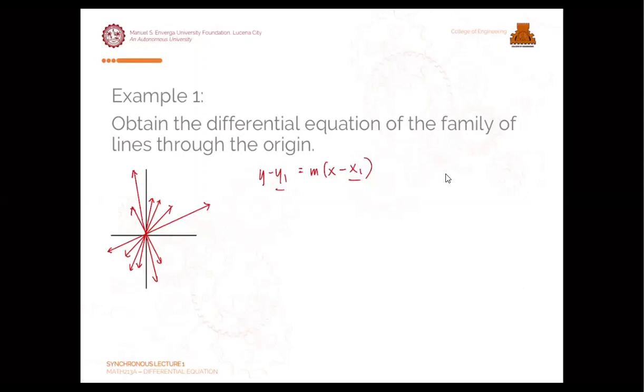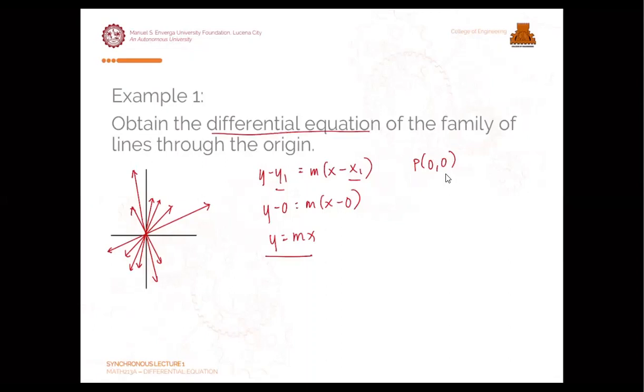So, for this given problem, siya yung origin, yung point na yun ay 0, 0. Okay? So, pag i-apply ko na siya dito, so y minus 0 is equals to m times x minus 0. So, y is equals to mx. So, ibig sabihin, ito yung solution na hinahanap natin. Pero ang pinapahanap sa atin ay differential equation.